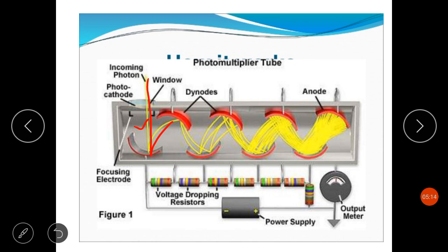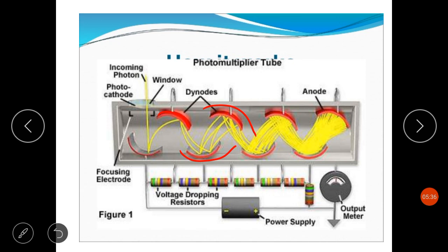But in photomultiplier tubes, what is happening? There are various intermediate dynodes, or intermediate electrodes, present in the glass chamber of the photomultiplier tube.